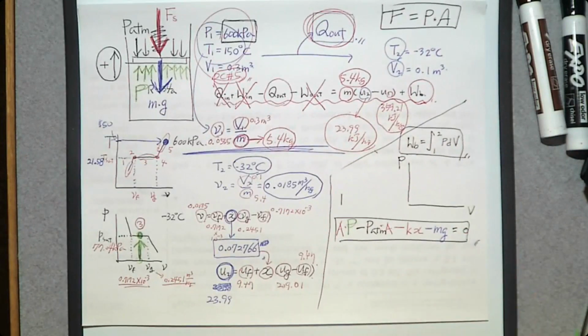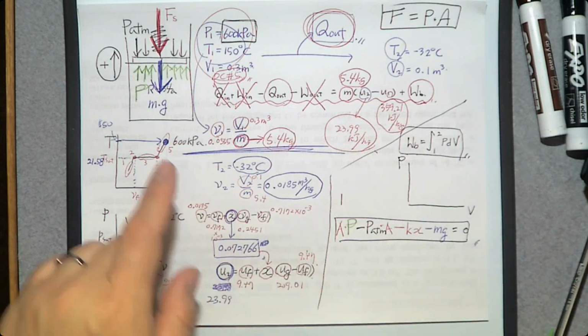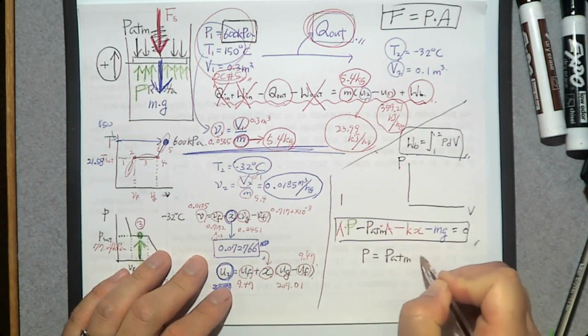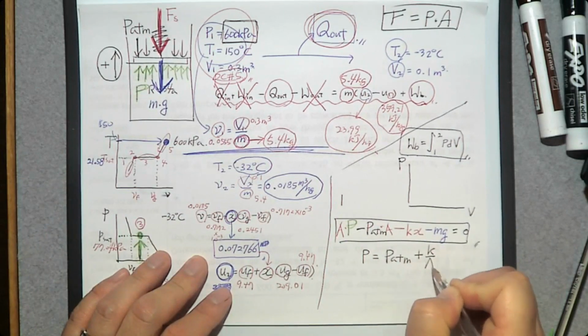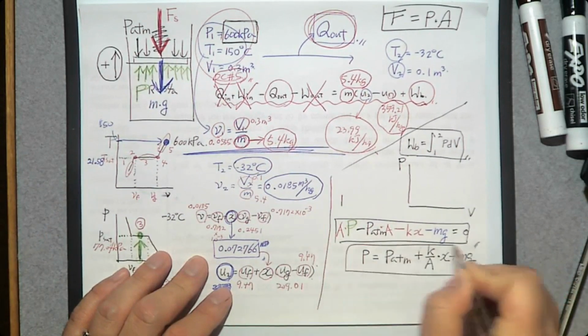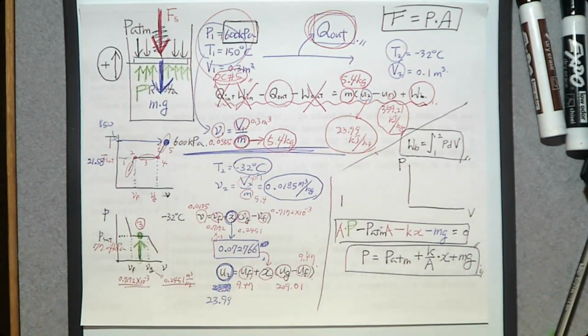Then let's talk about this pressure, because we want to know how this pressure changes. So the pressure of our system is going to be PATM plus K over A times X plus mg. If you look at this equation, what do you see? Atmospheric pressure, is it variable or constant?